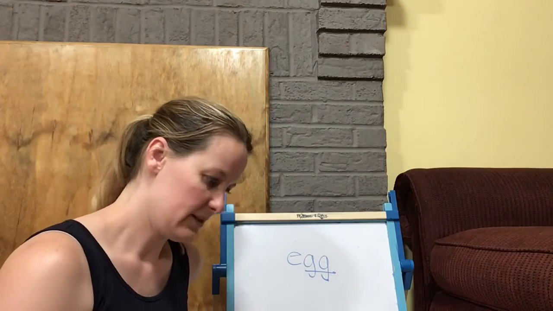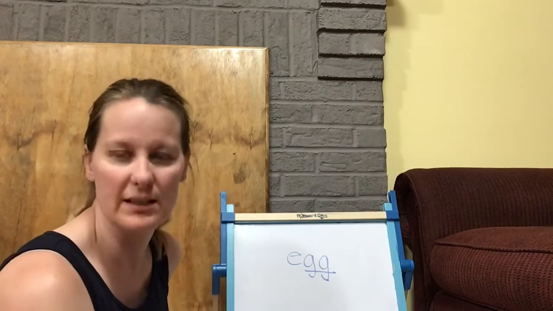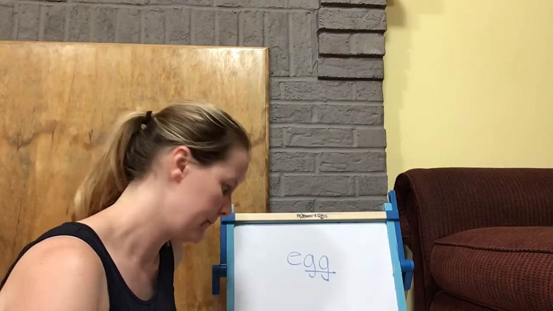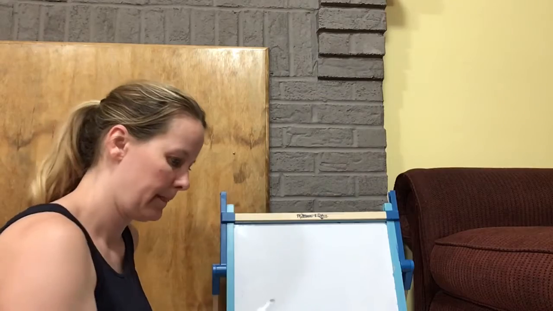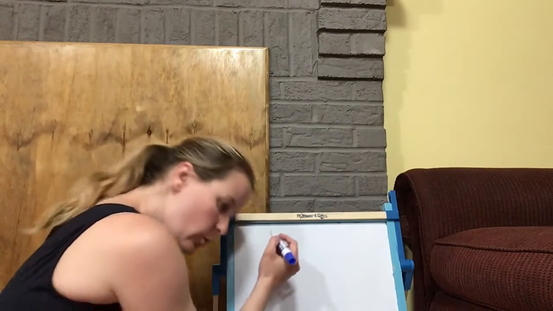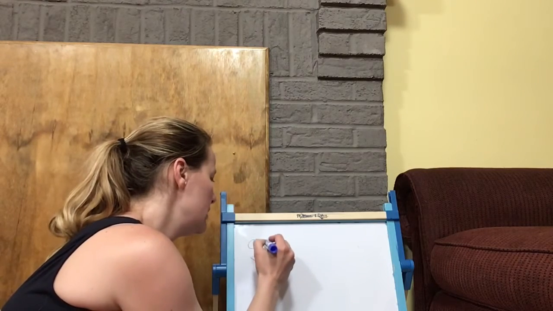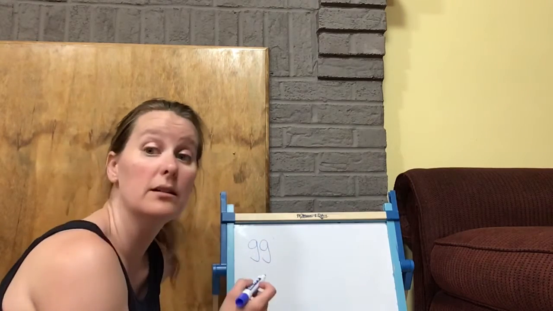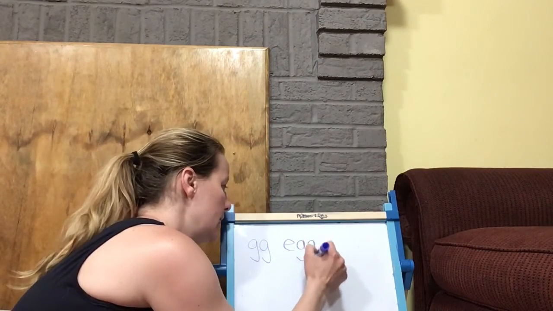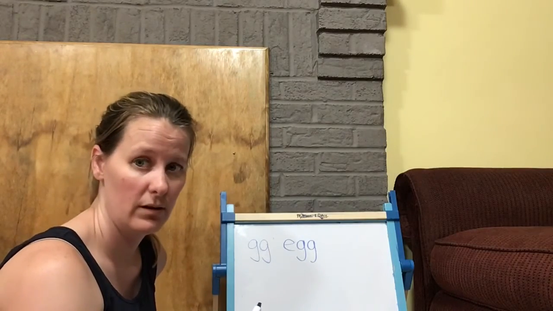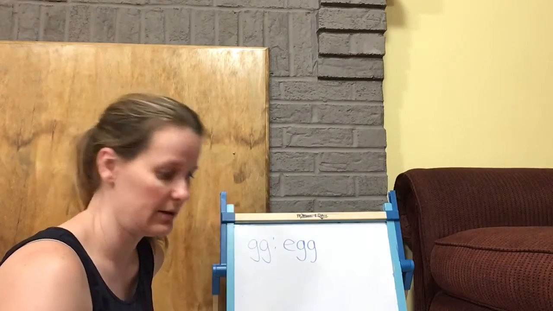There's some other letters in the English language that do things like this. One word that has G, G, which says G, just one G, is egg. If you want to go ahead and copy this down just for a reference for yourself, that would be a good idea.